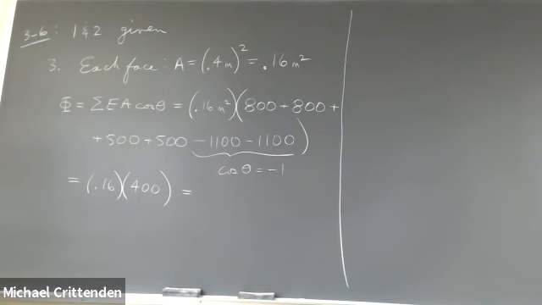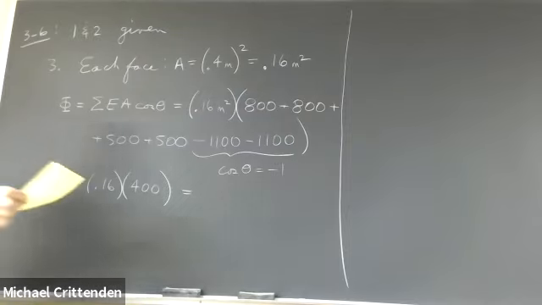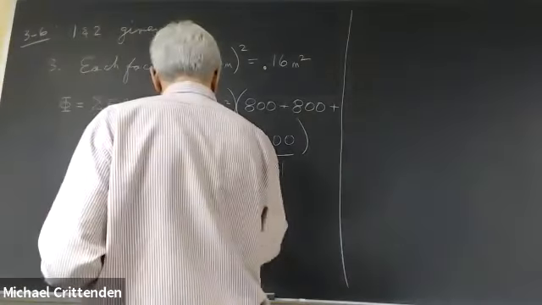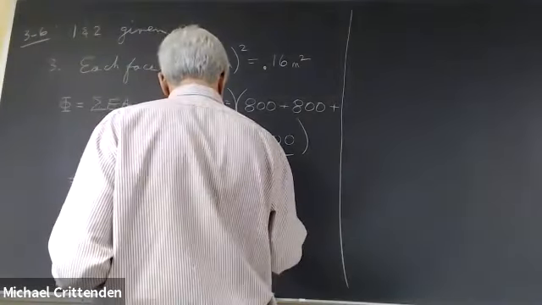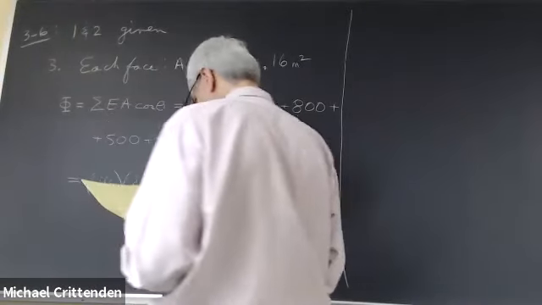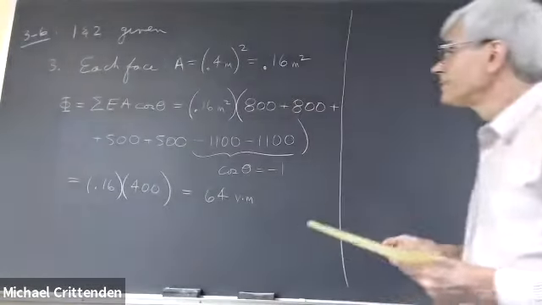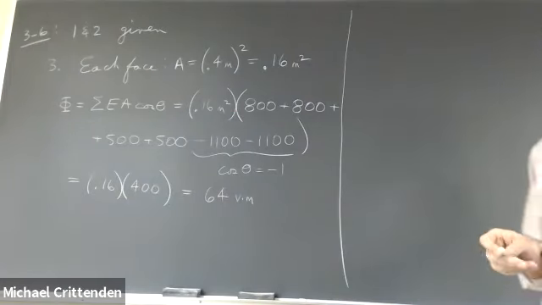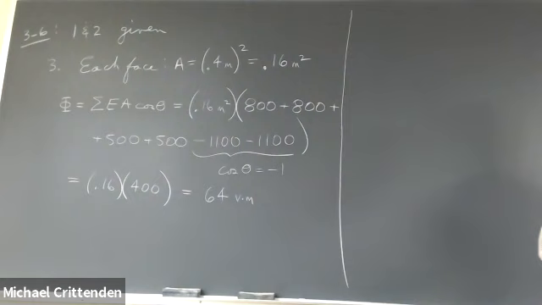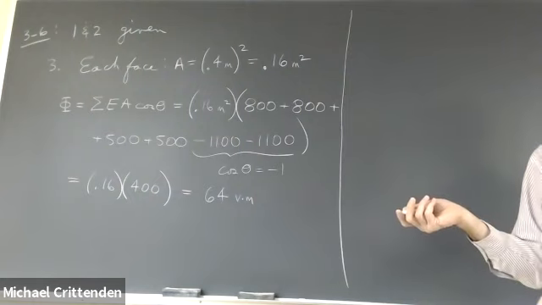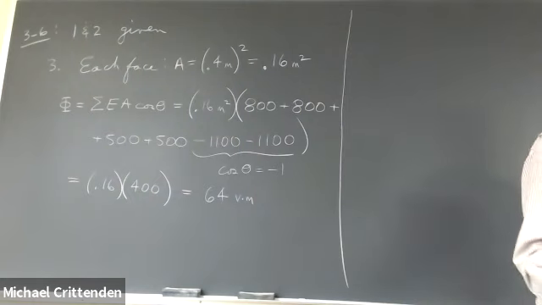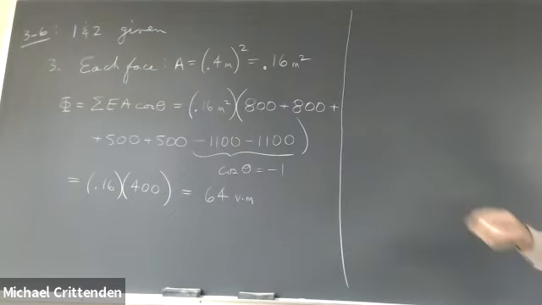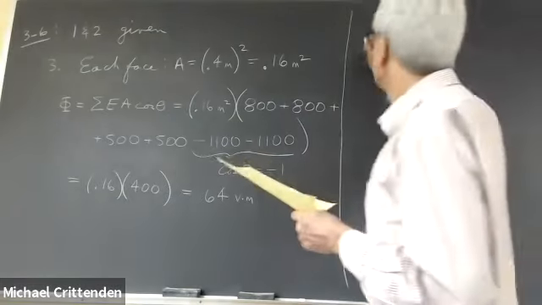So you add those 6 numbers up, you get 400 times the area. So the total, when you add up all the flux through the entire box, the total is 64 when you measure in SI units.